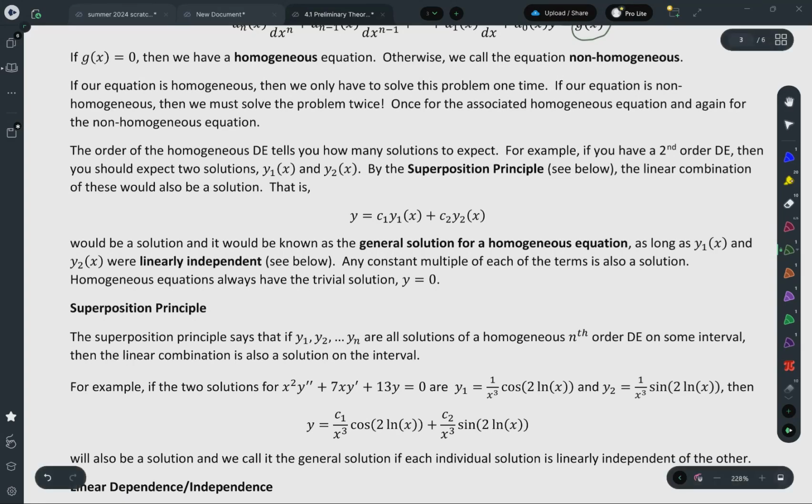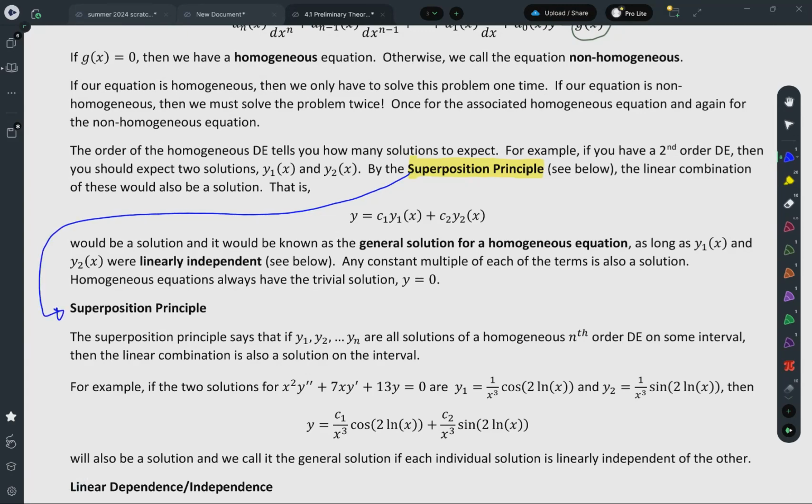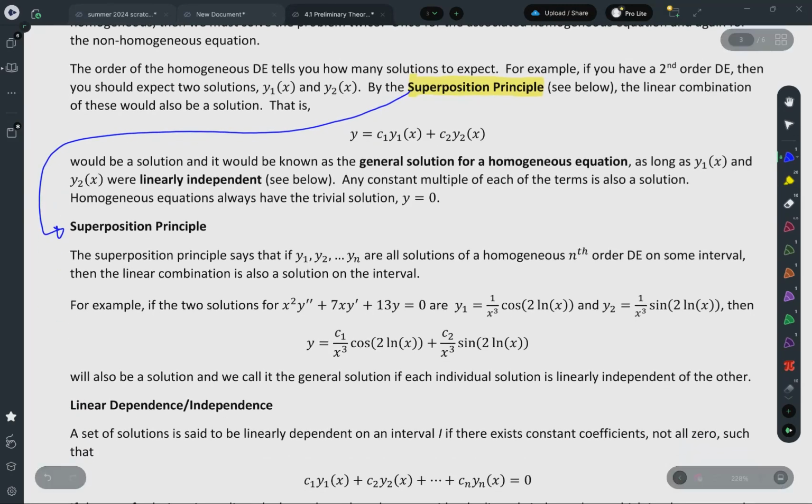Then we have this superposition principle. And it sounds really fancy, but all that it means is that I've got it down here. So let's kind of do this. We're going to take a little turn here. All that the superposition principle says is that if you have a couple of solutions to a homogeneous differential equation on some interval, then the linear combination of them is also a solution.